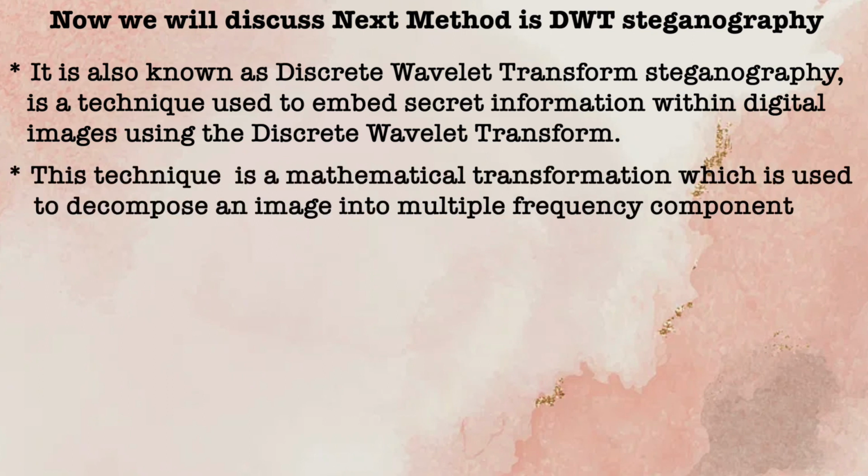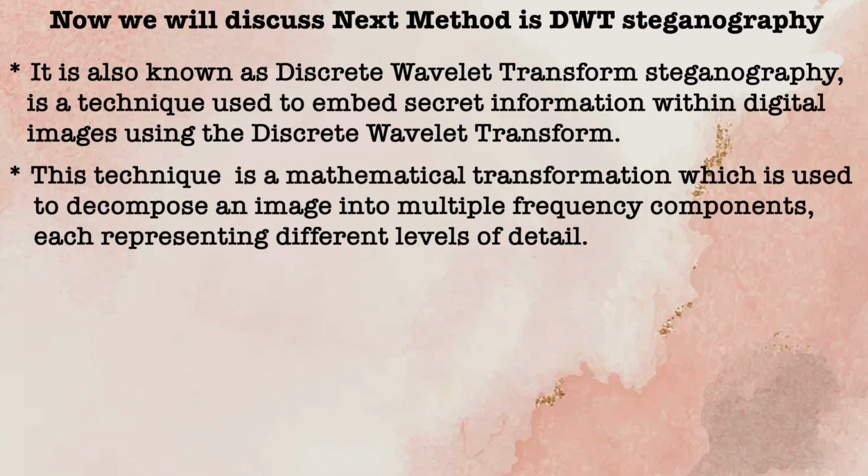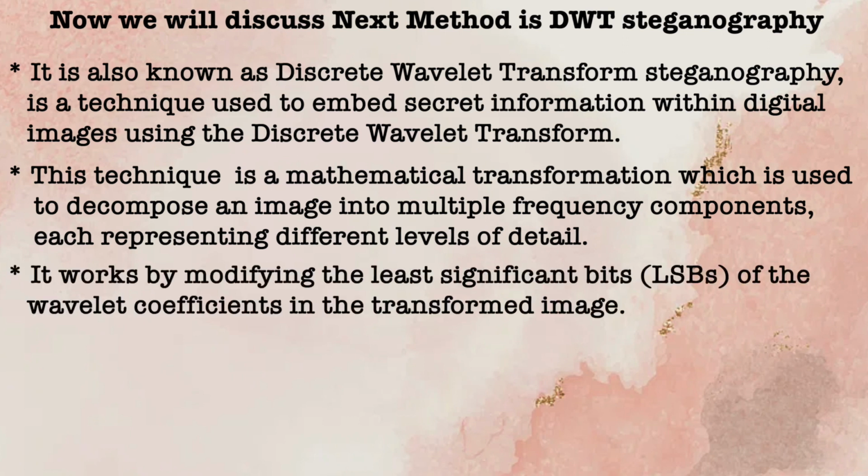This is a mathematical transformation which is used to decompose an image into multiple frequency components, each representing a different level of detail. It works by modifying the least significant bit of the wavelet coefficient in the transformed image.